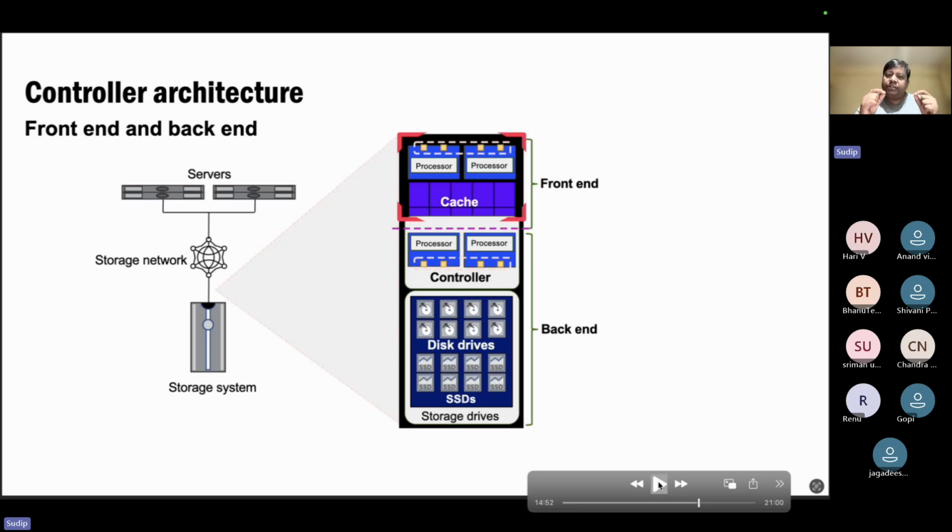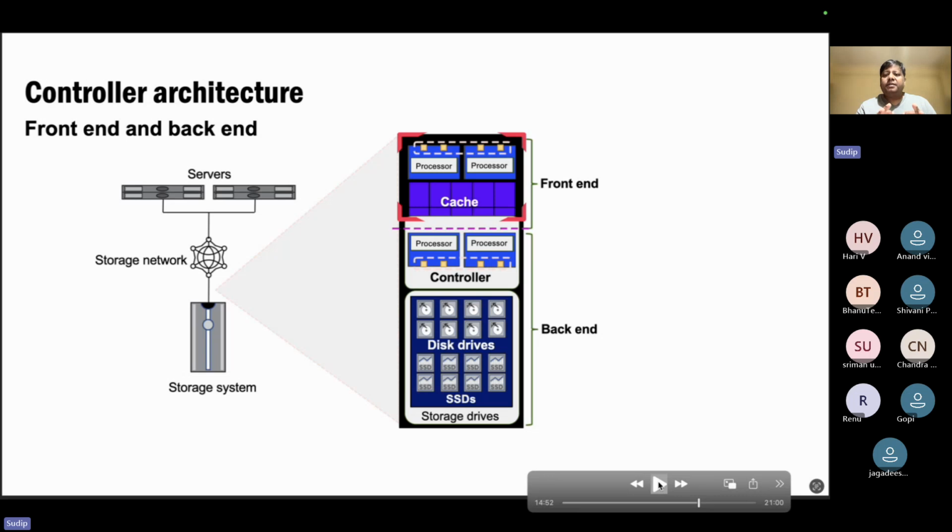Using those cables, you connect to networking equipment like switches or routers. Through those switches and routers, the servers get connected to the storage system to read and write the data. So front end is those components within a storage system which allow the servers to connect to the storage system securely so that they can read and write data. Understood?